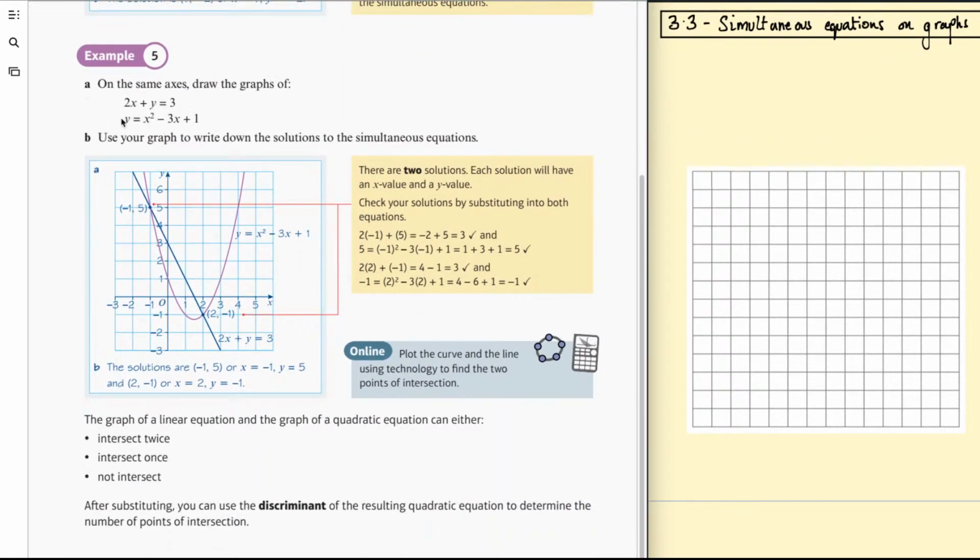Then we have an example of a quadratic inequality. For these, you need to be able to sketch the quadratic and then the straight line, and where they intersect will be the solution.